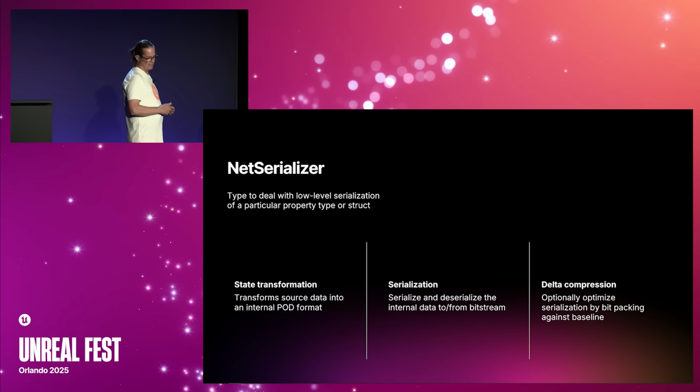And as I mentioned before, it is responsible for transforming source data into a native network format, that is a plain old data format that is effective to serialize to a bitstream. And you can also optionally implement delta compression.